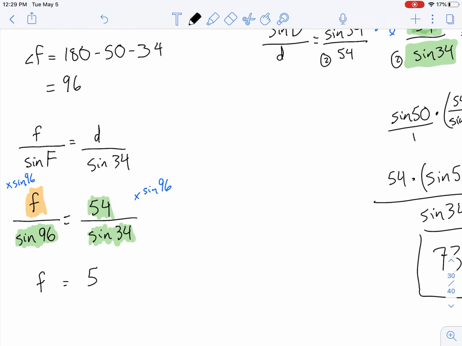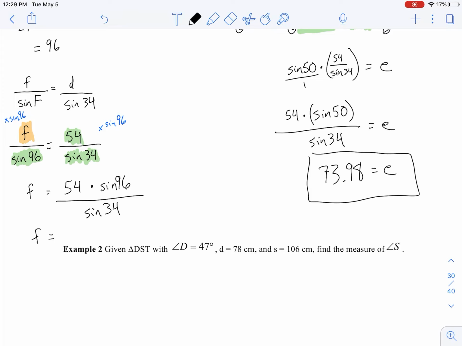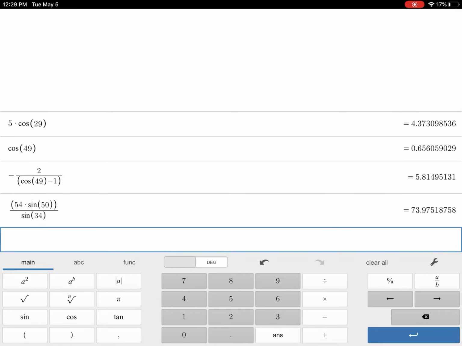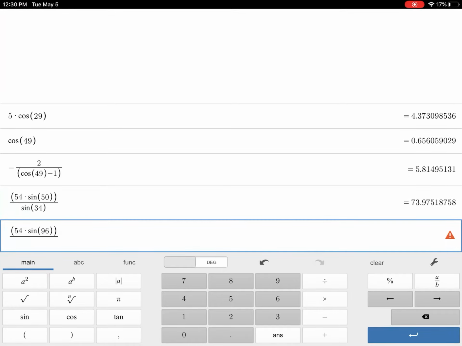It's easy to remember to switch into my calculator. So 54 times sine 96, and I'm going to put that all in brackets once again, because that whole thing is divided by sine of 34. My calculator is nice. It gives you that one line of feedback.